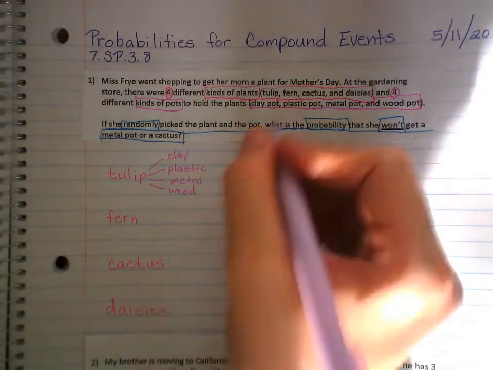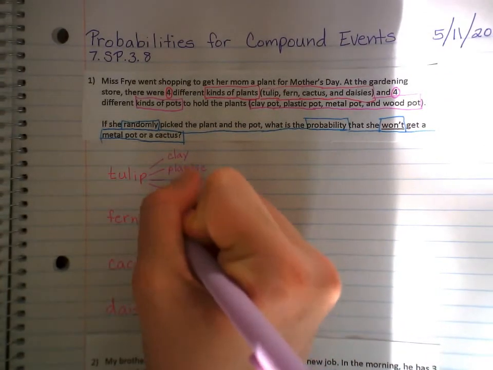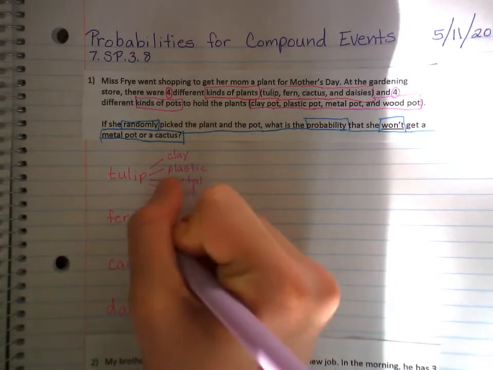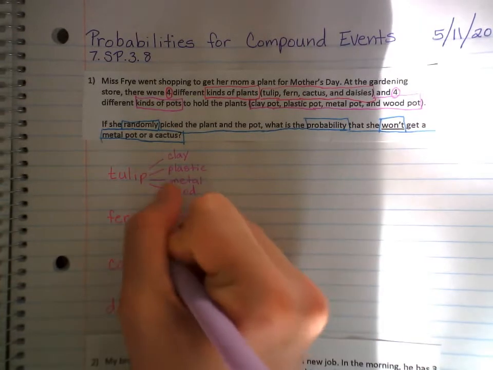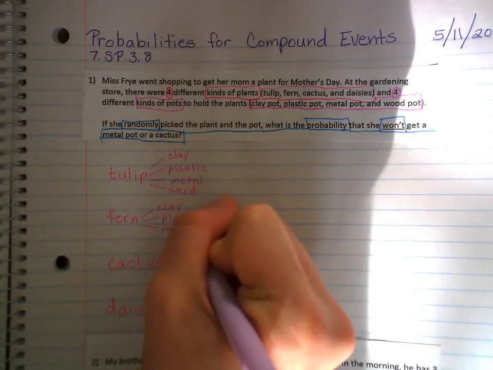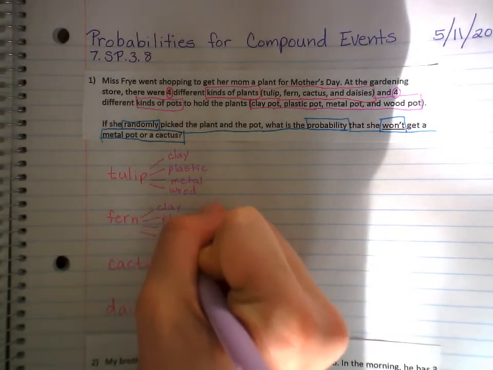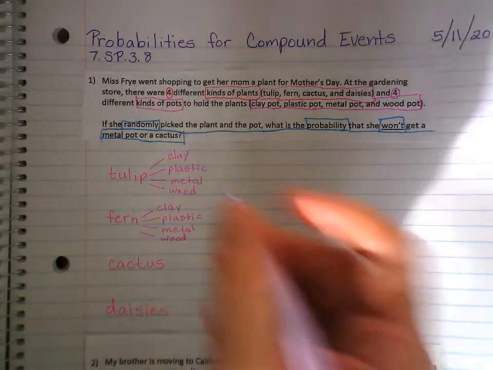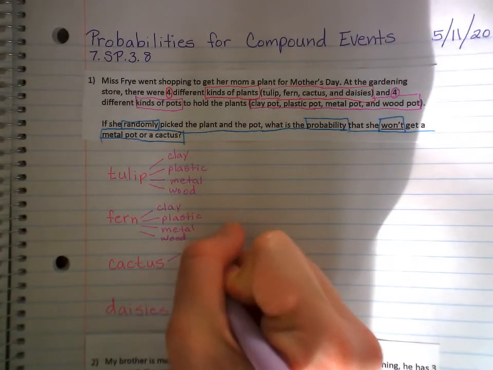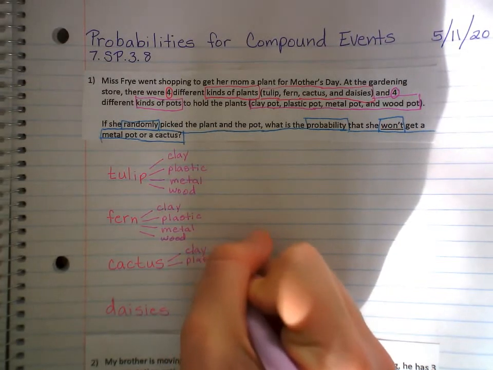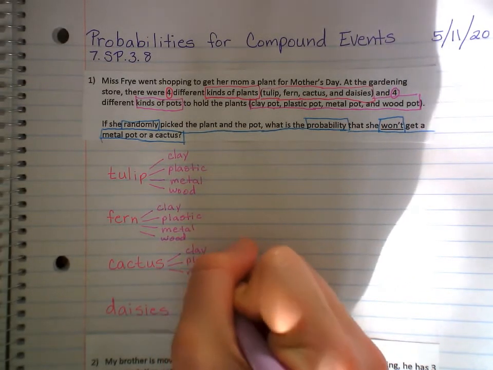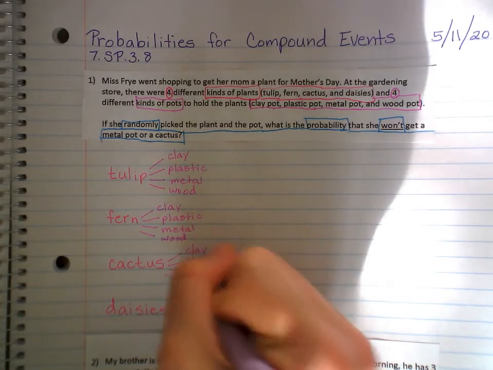If I get ferns, they can go in a clay pot, they can go in a plastic pot, they can go in a metal pot, or they can go in a wood pot. If I get a cactus, it can go in a clay pot, it can go in a plastic pot, it can go in a metal pot, or it can go in a wood pot.